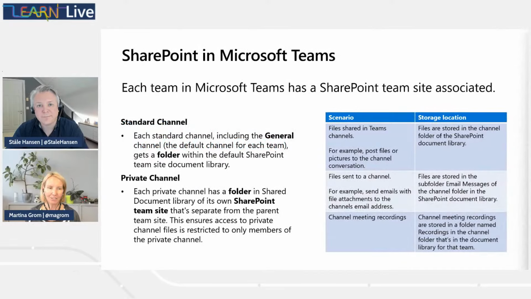Each team in Microsoft Teams has a SharePoint team site associated. Files shared within a conversation are automatically added to the document library. And this is quite convenient. You just upload it in the channel and it automatically gets uploaded to your SharePoint site and can be shared from there.